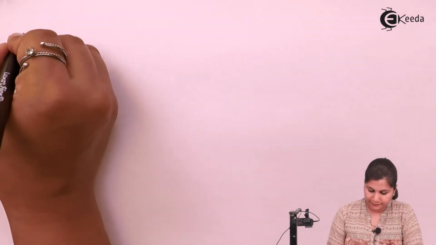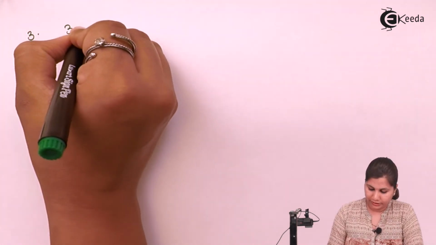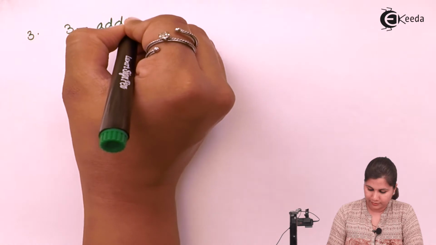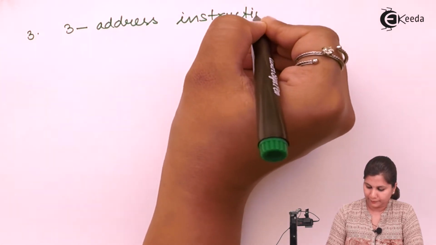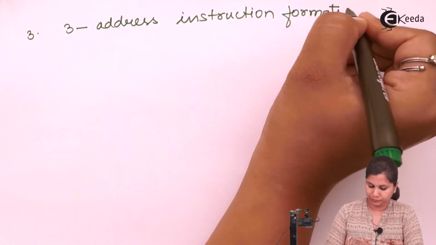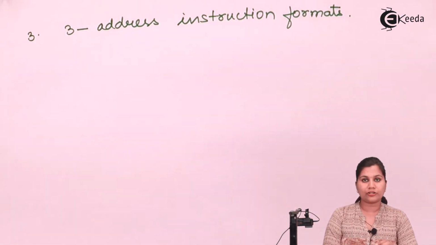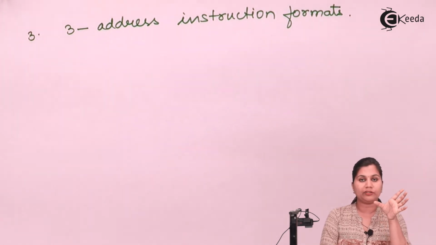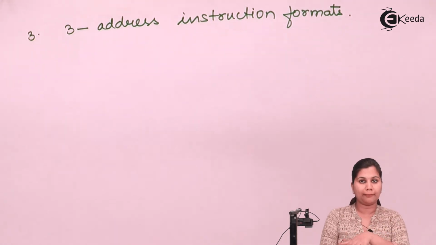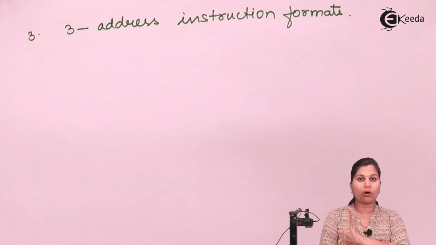Next feature is 3 address instruction formats. 3 address instruction format is also known as the 3 operand instruction format. Whenever we write the instructions in the ARM processor, those instructions will consist of 3 operands.